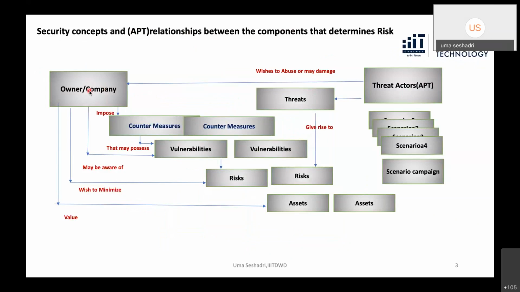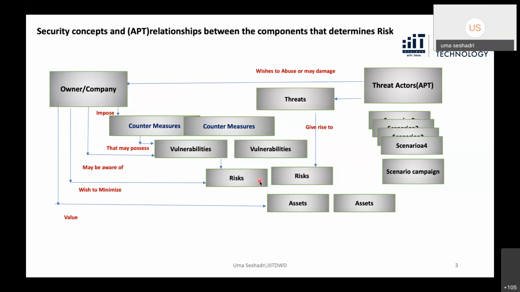So any owner or any company may possess a lot of vulnerabilities. It is not one vulnerability. There is a chain of vulnerabilities, and a chain of countermeasures you have to build, because of the intensity or capacity of the organization you have. Each company may be aware of these vulnerabilities, and wishes to minimize the risk.